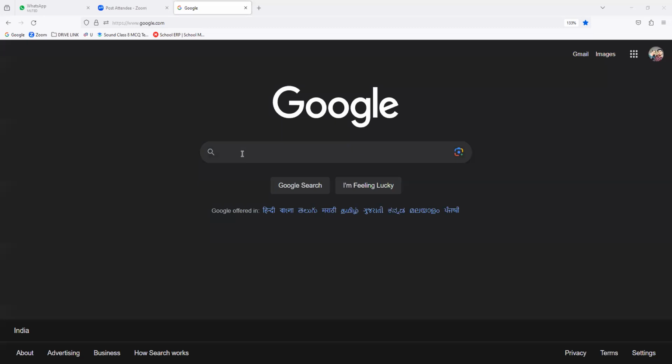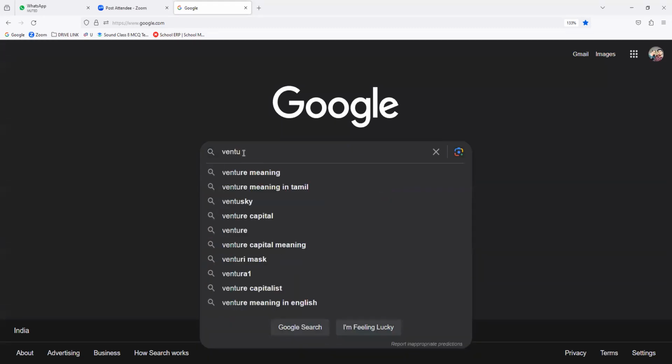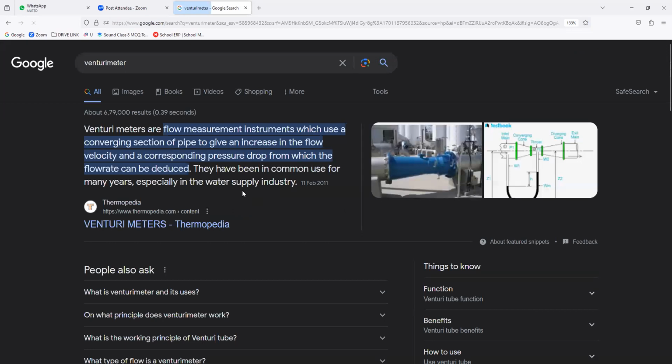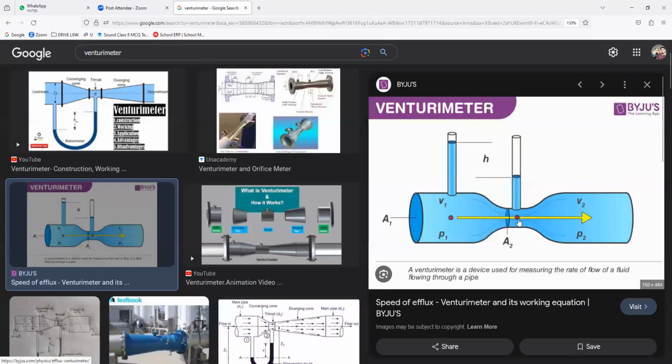Now let us see how the Venturimeter looks. Generally, if you notice, this is what we call a Venturimeter.